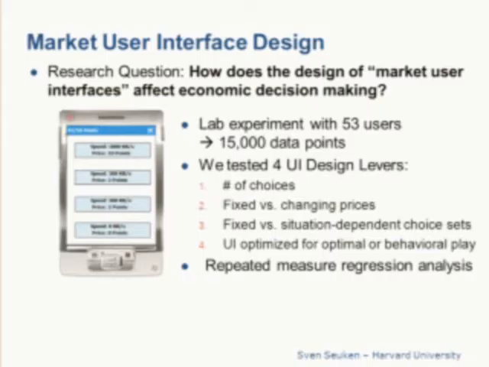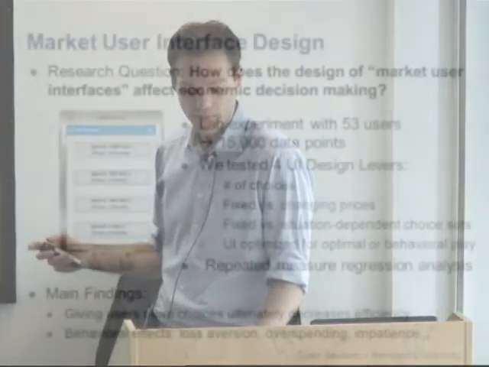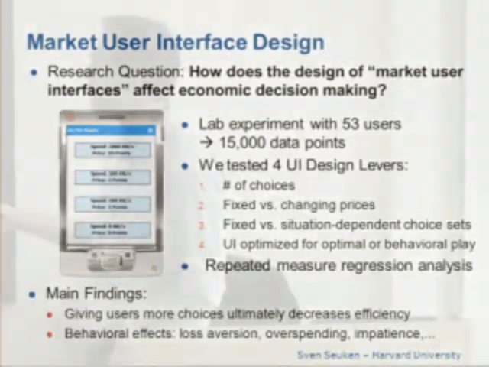We performed a regression analysis again, and we found that giving users more choices in what they can do on this market first increases the market's efficiency, but ultimately it stagnates or even slightly decreases overall efficiency. And then we found lots of other behavioral effects, including a large degree of loss aversion. Users are overspending their budget continuously, and they're very impatient when they are losing value. But we can also talk more about these projects offline if you want to later.